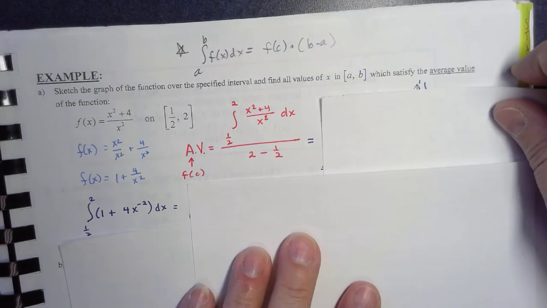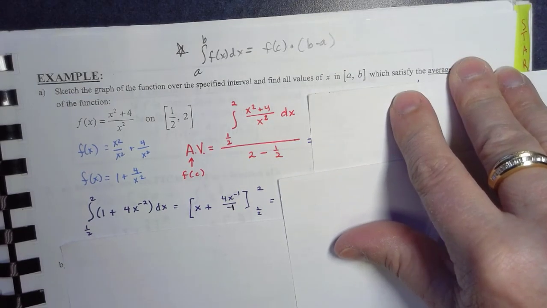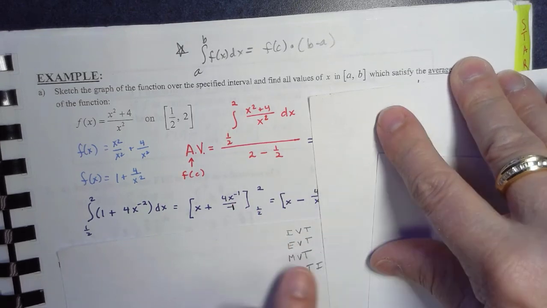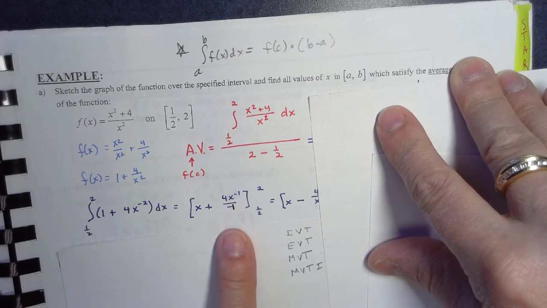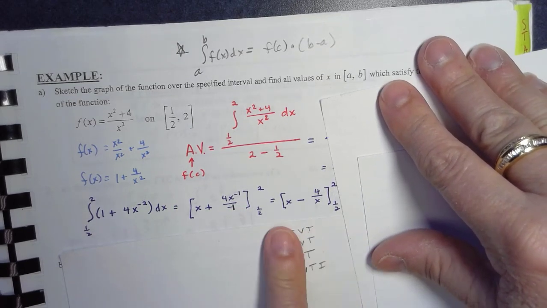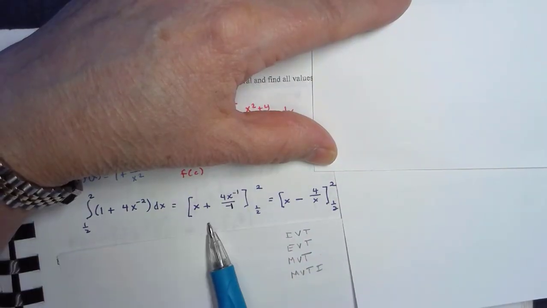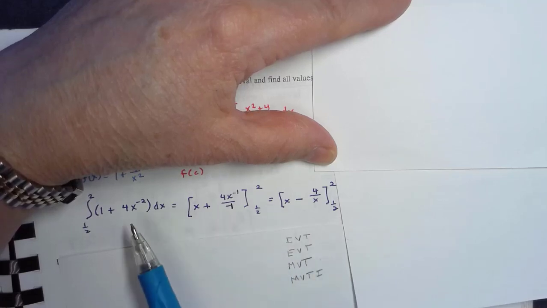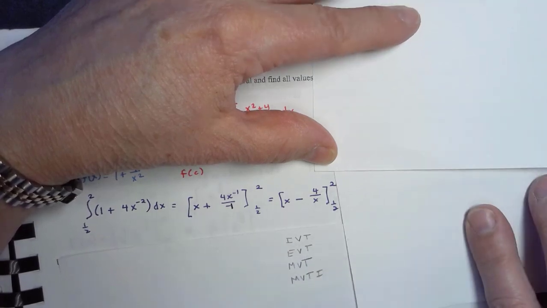If I just perform the integral of the numerator, that is going to give me x plus 4x to the negative 1 over negative 1, which is really x minus 4 over x. Notice I have to integrate and simplify before I evaluate. The most common mistake students make is they start evaluating, but they forgot to integrate. They didn't anti-differentiate that function.